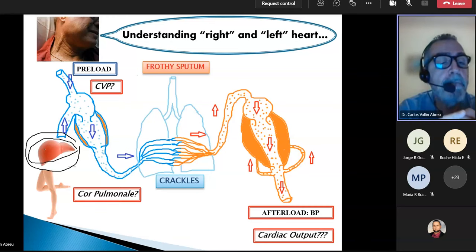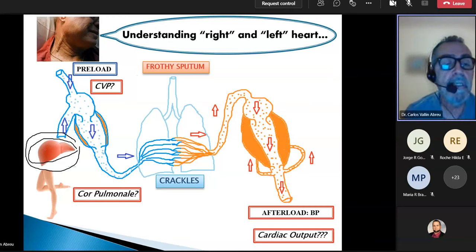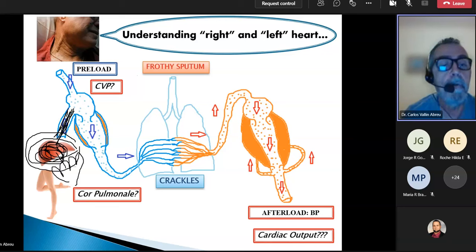This hepatomegaly is painful, because this distension of the liver produces pain.